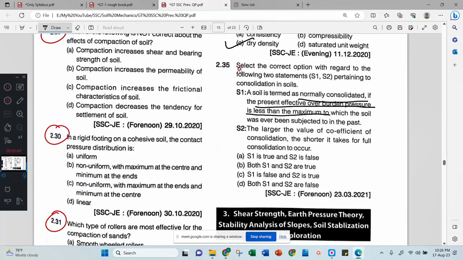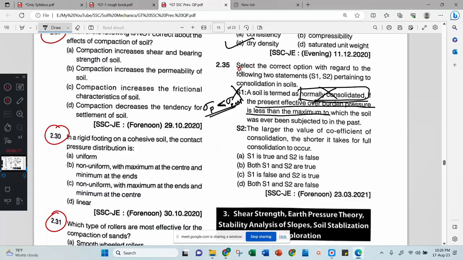No. According to this statement, they are saying present pressure is less than the maximum pressure the soil has ever had, like the Taj Mahal example, past pressure. That is not normal consolidation. This is wrong. Therefore, S1 is wrong.